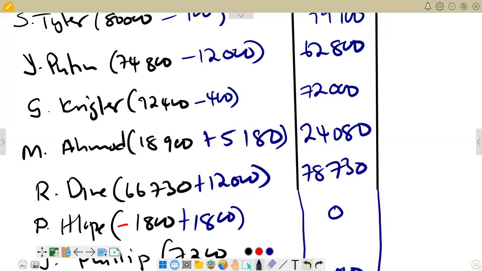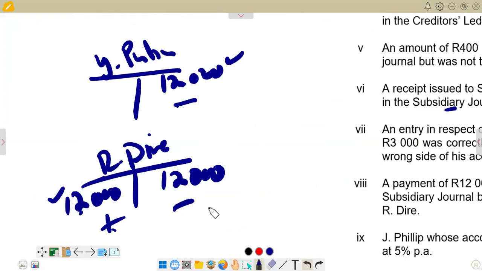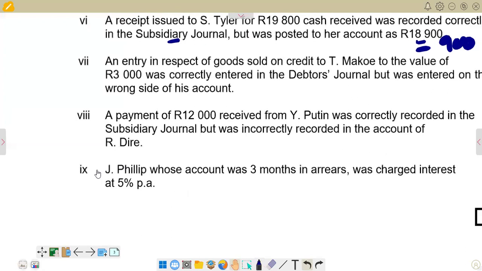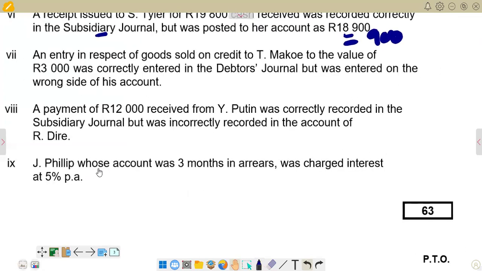Then we go back now to check on the next item. So we are now on the last item, which is saying J. Philip, whose account was 3 months in arrears, was charged interest at 5%. So remember, we calculated this interest and we got 90.